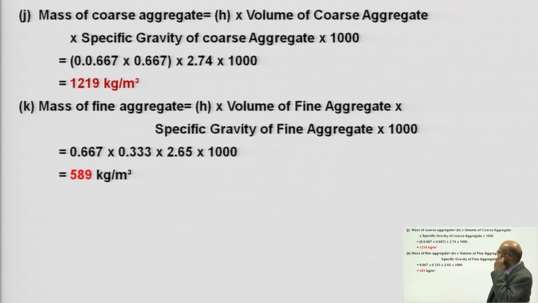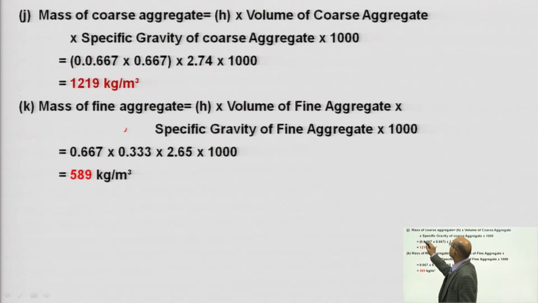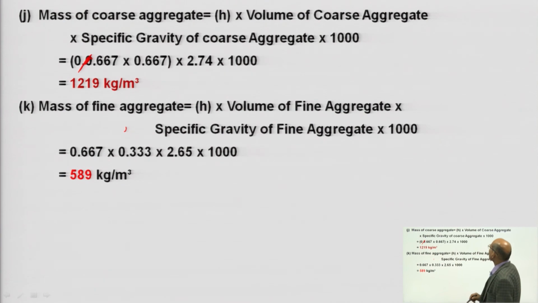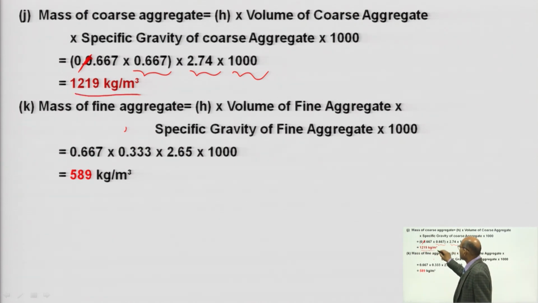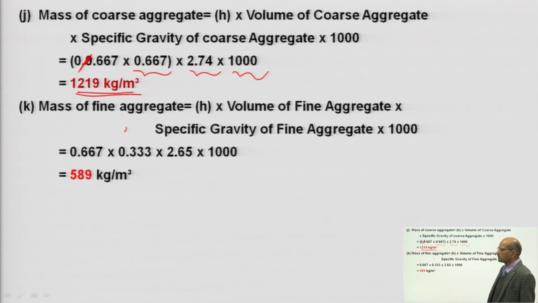So, how can you find the mass of coarse aggregate? You can take the previous data, 0.667, which is the proportion of the total aggregate, multiplied by 2.74, the specific gravity, multiplied by 1000. This is going to give you the total weight of the coarse aggregate.